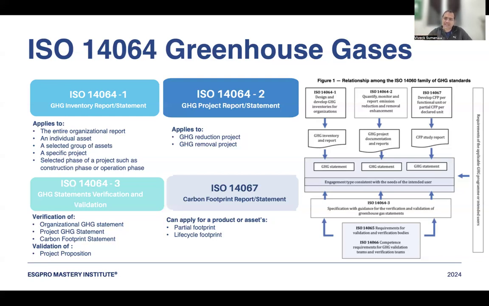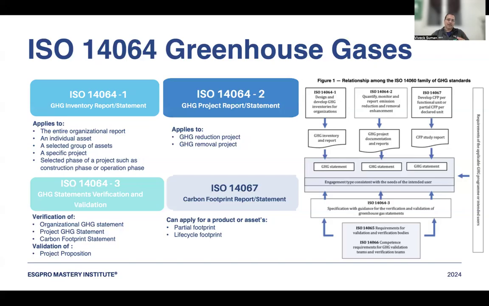The auditing procedure is 14064-3. Part 2 is how to monitor, what to monitor, how to quantify, etc. And 14064-1 is where you design this inventory: what to collect, where to collect, and how to collect. Clear? This is how the whole thing is applied.